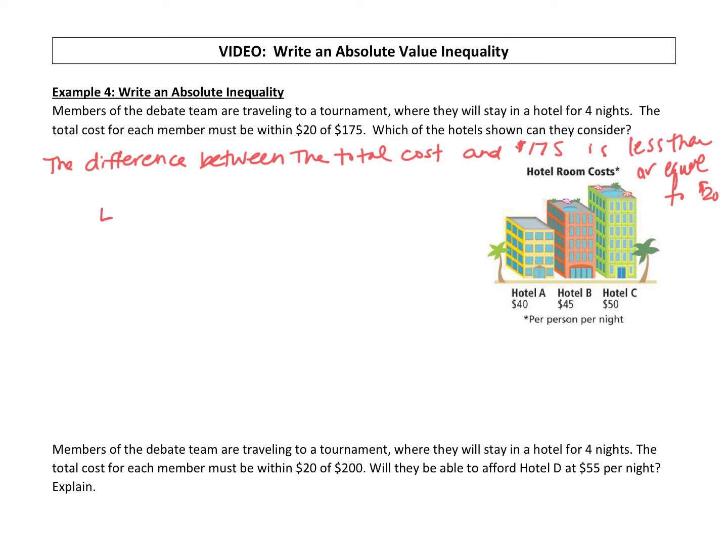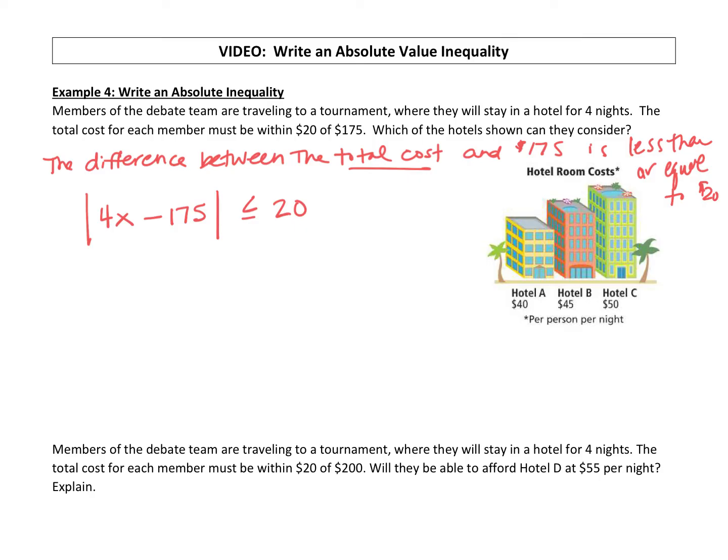We're staying 4 nights, so 4 times every night at the hotel. That's the total cost right there, 4x. We're finding the difference between that and 175, so minus 175. We do need this to be a positive difference, so we're going to throw absolute value bars on that. We want the difference between the total cost and 175 to be less than or equal to $20.